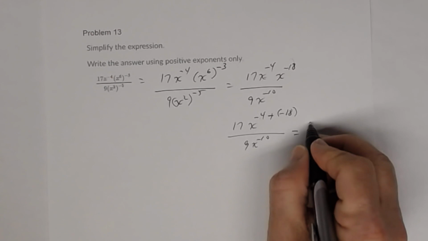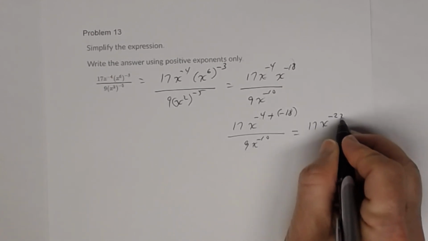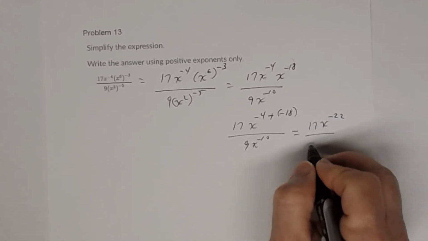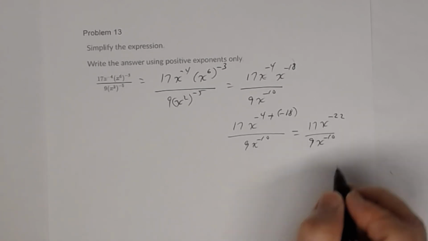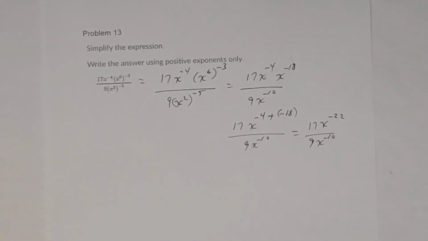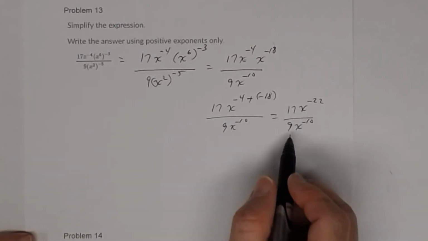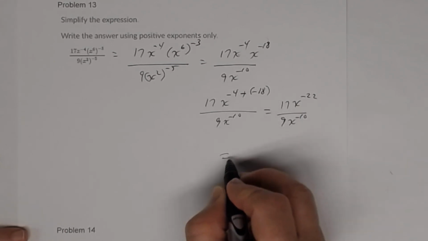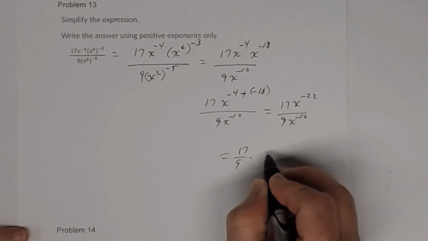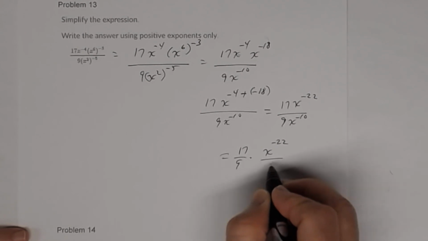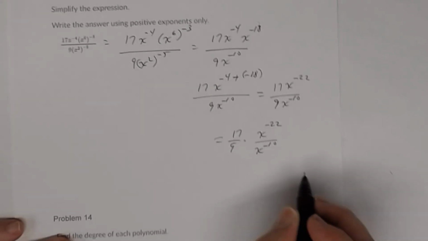So that's 17x to the negative 22nd power, divided by 9x to the negative 10. Now, the next step is this. Just like we did in the previous problem, I'm going to rewrite this as a product of two fractions. So it'll be 17 ninths times x to the negative 22nd divided by x to the negative 10.